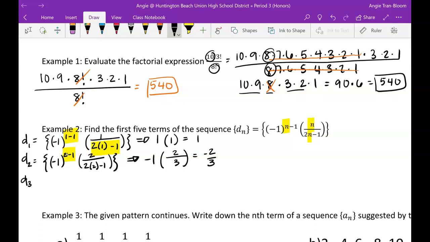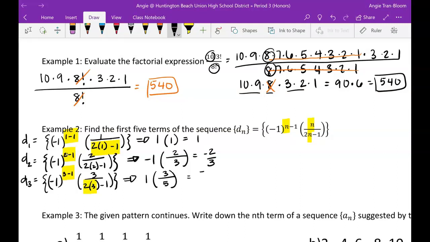My third term is when n is 3, so very similar. I'm just going to do exactly what I did the first 2 times. So 3 minus 1 is the power. Then I have 3 over 2 times 3 minus 1. Close the parentheses, close the bracket. This will lead me to, let's see, 3 minus 1 is going to be 2. -1 to the second power is now +1 times 3 over 2 times 3 is 6. 6 minus 1 is 5.